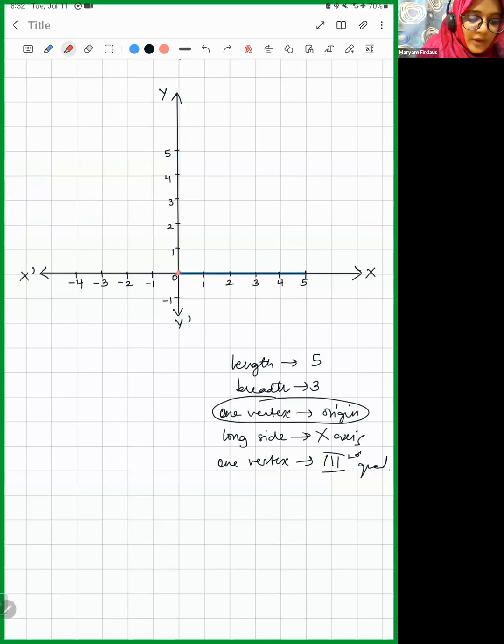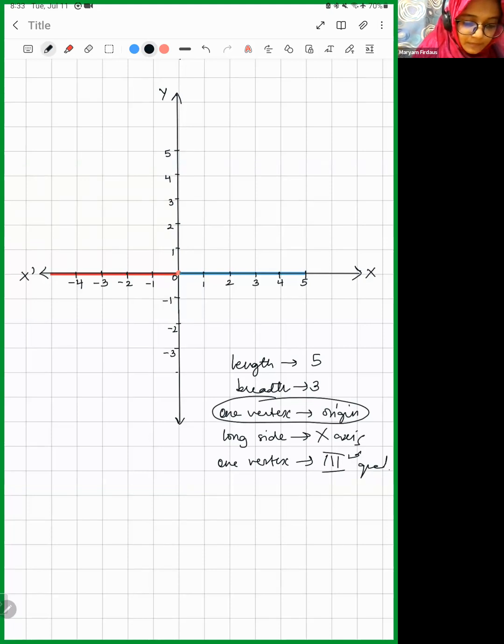Either it will be like the blue one or it will be like the red one. The longer side means its length is 5 units, right? That's why I made it till 5 on both sides. Which side do you think it will be? The blue one or the red one? The blue one. Why do you think it will be the blue one?